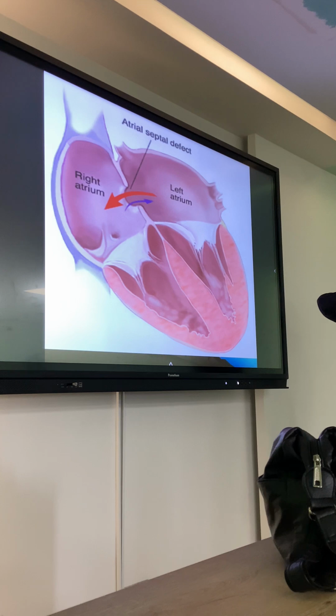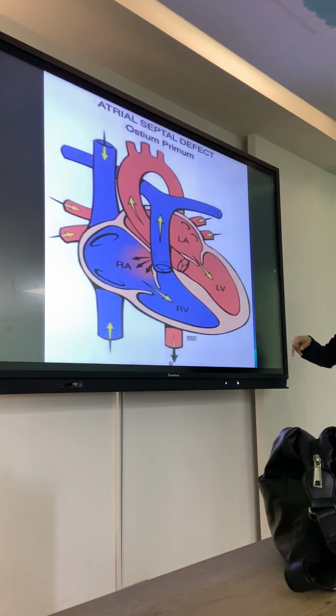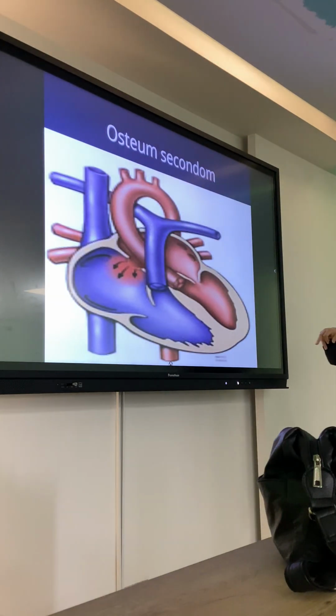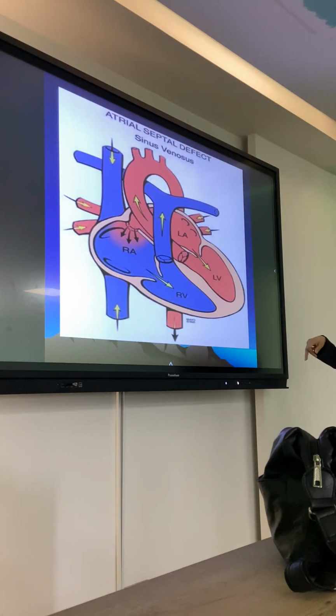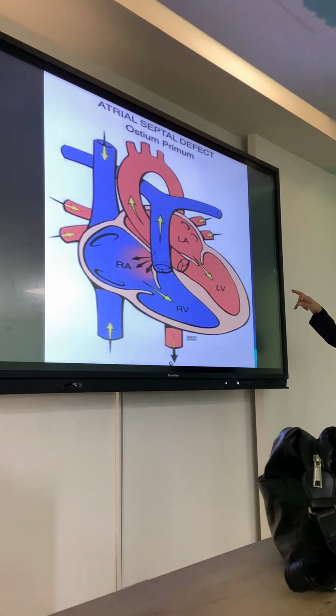What kind is this? Secundum. It's the middle, you see? This is secundum. This is ostium primum. And this is secundum. This is sinus venosus we spoke. And what is this?